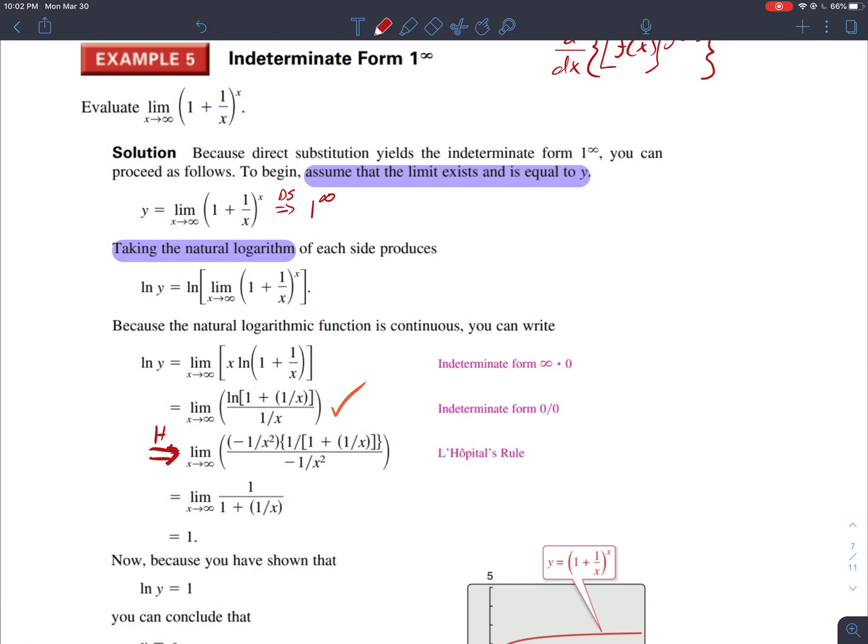So the derivative at the top is 1 over the input. It's natural log, so 1 over the input, and then the derivative of the input. So 1 over 1 plus 1 over x, that's what I meant to say, is here. And then the derivative of the 1 plus 1 over x is just negative 1 over x squared.